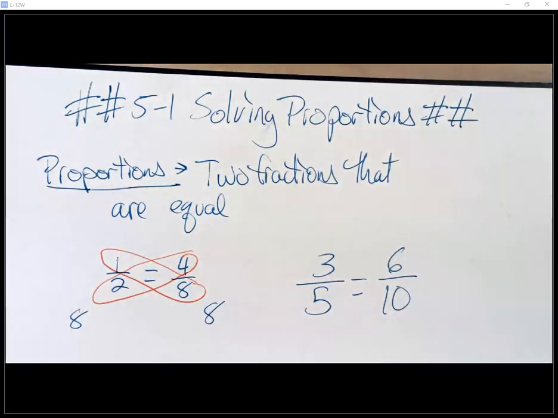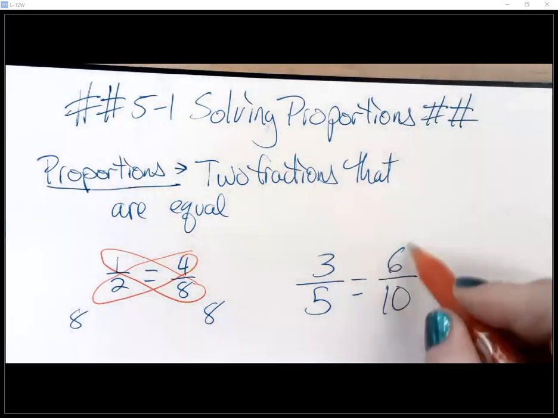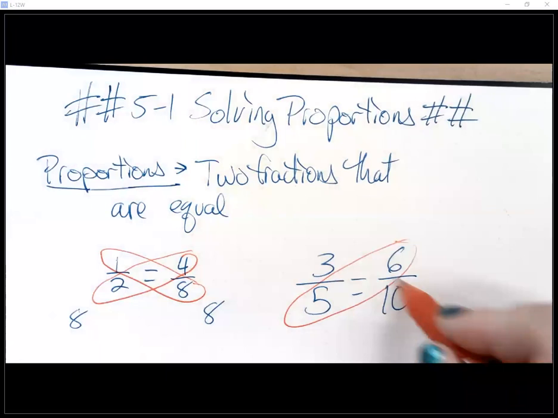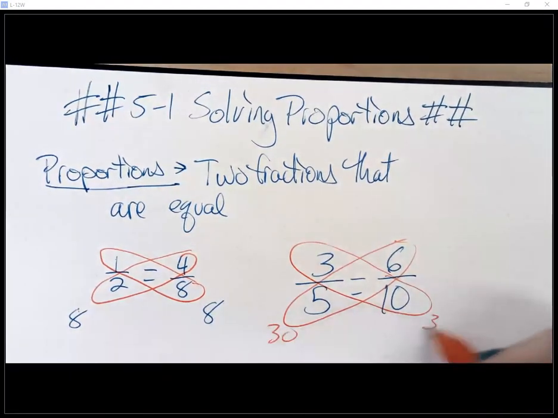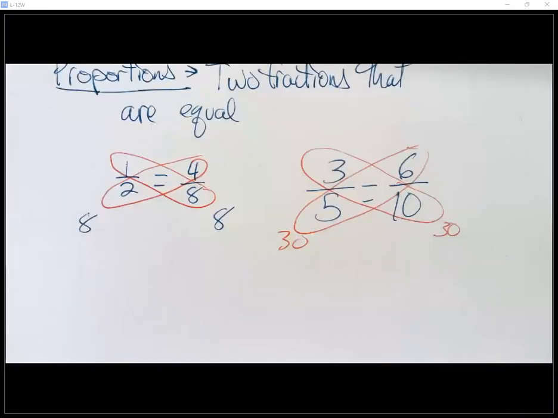Try that same thing with multiplying the diagonals. Are they really still equal to each other? Oh, it happens every time. I get 30 on this side, I get 30 on this side. So the fact that that's always going to happen lets us solve proportions using that same idea.